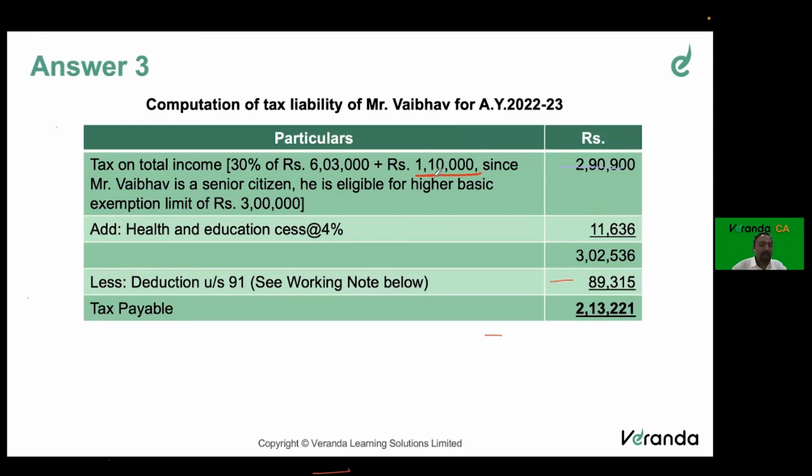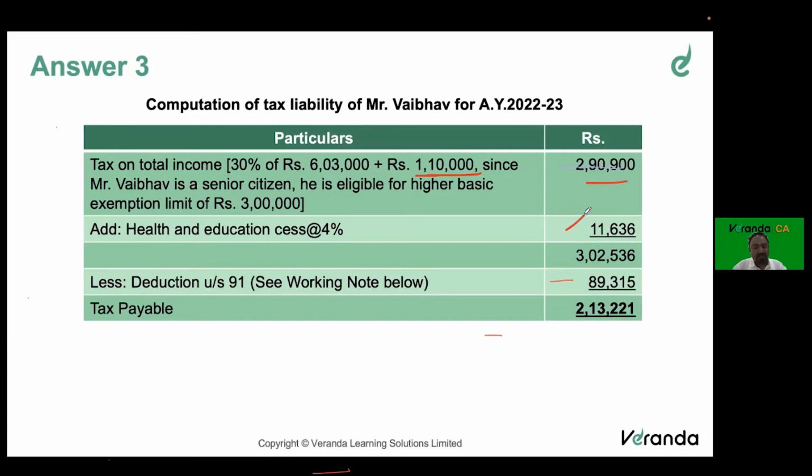Above 10 lakhs, that is on 6,03,000, you calculate 30%. So the number is 2,90,900, which becomes your tax payable. You add health and education cess, which is around 11,636.